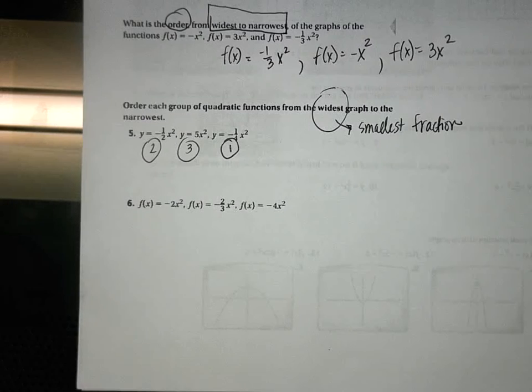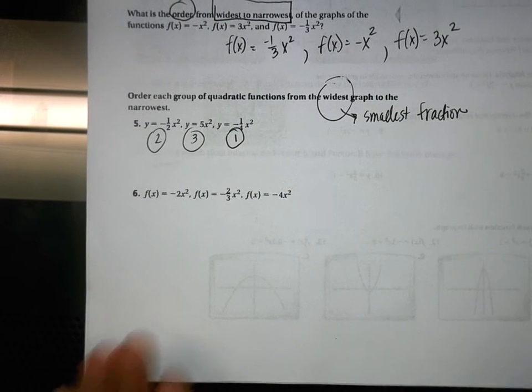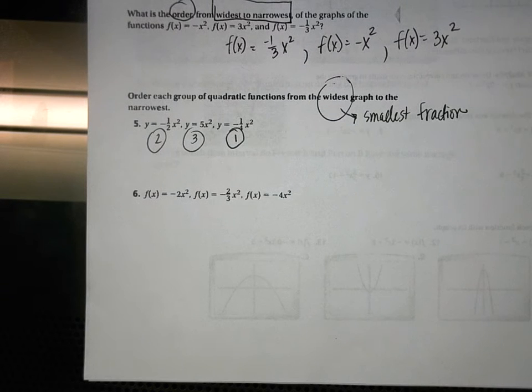I'm going to give you about 15 seconds here to do number 6. Go ahead and number those for yourself. See if you can figure out which order. Okay, so what would be number 1?